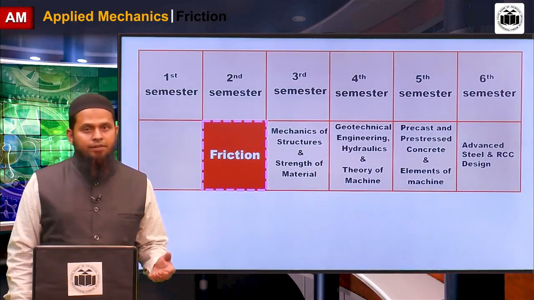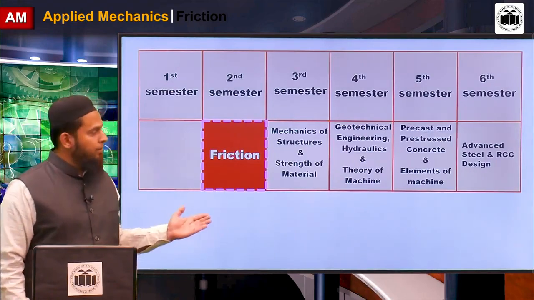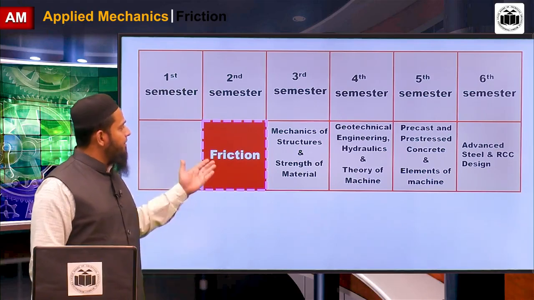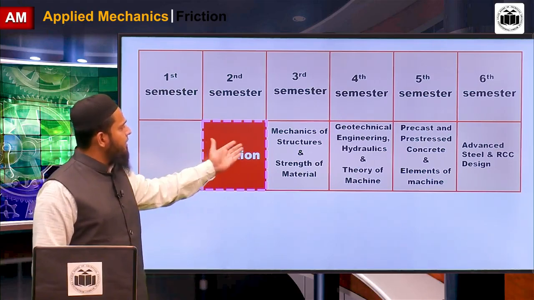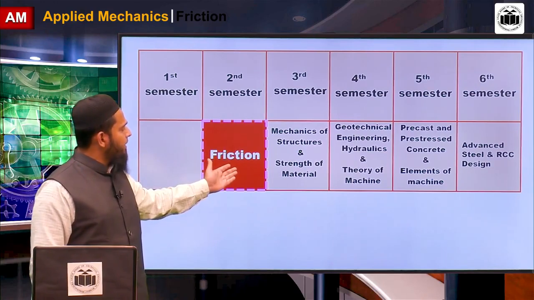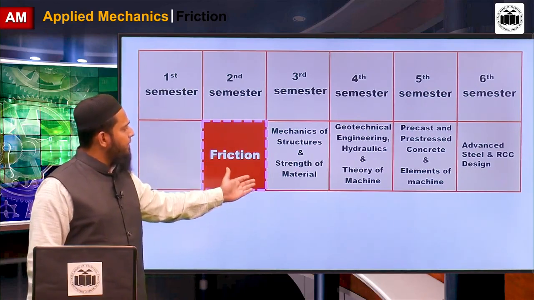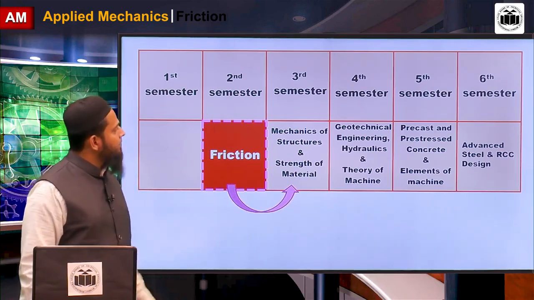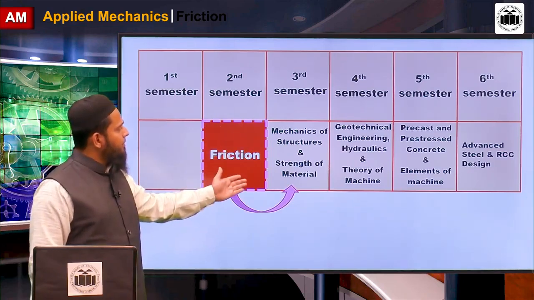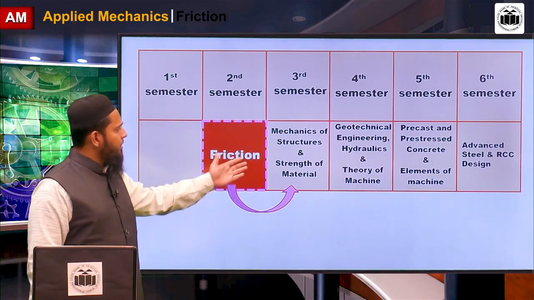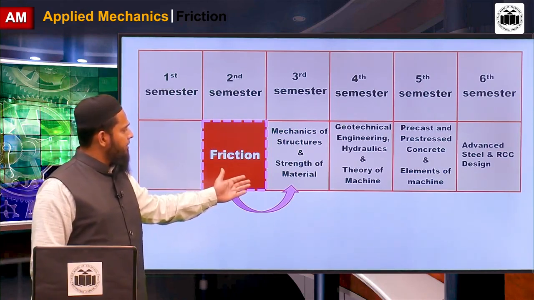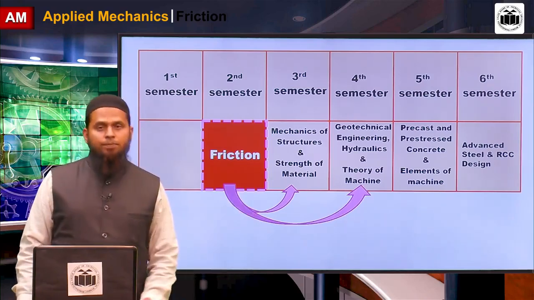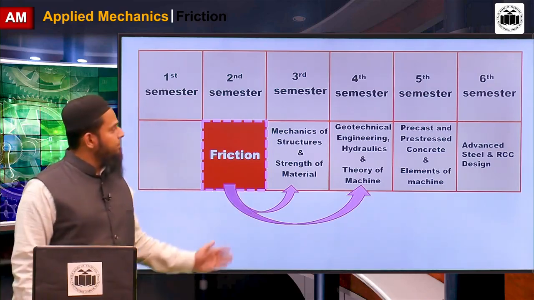Now we will see the relevance of friction with various subjects. In third semester, for civil engineering, mechanics of structure and for mechanical, strength of material, friction comes. In fourth semester, for civil engineering, geotechnical engineering and hydraulics, and for mechanical, theory of machines, this topic is used.